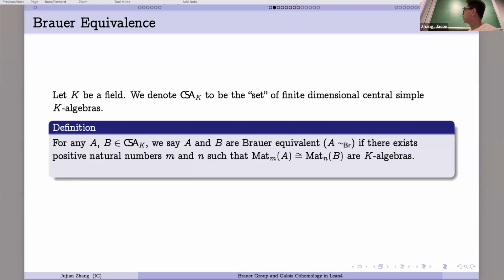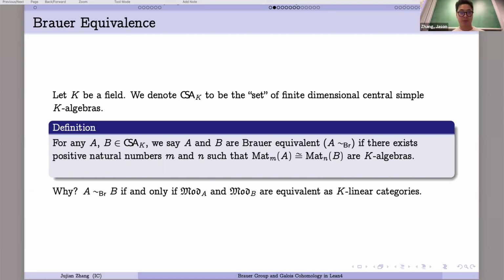Two central simple algebras are Brauer equivalent if there exist positive natural numbers M and N such that the M-dimensional matrix algebra over A and the N-dimensional matrix algebra over B are isomorphic as K-algebras. The equivalence relation seems a little bit arbitrary, but there is another characterization which is maybe a bit more natural.